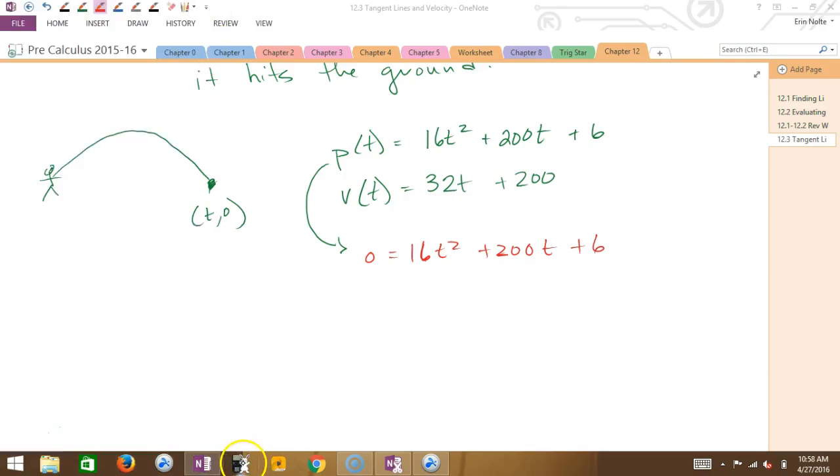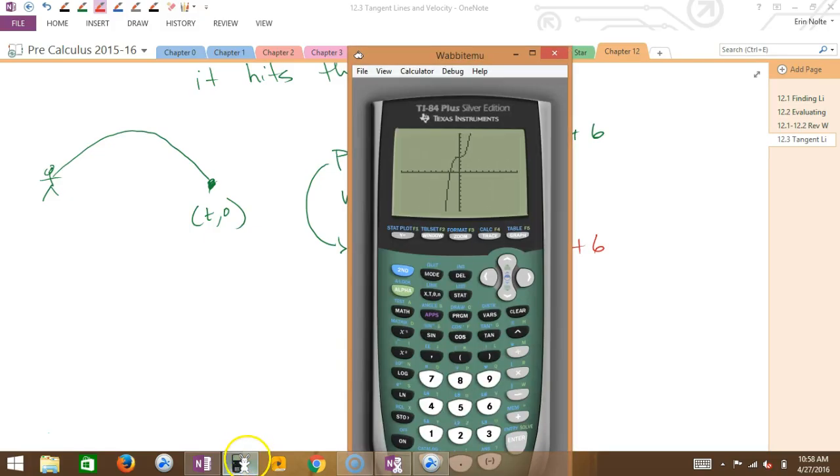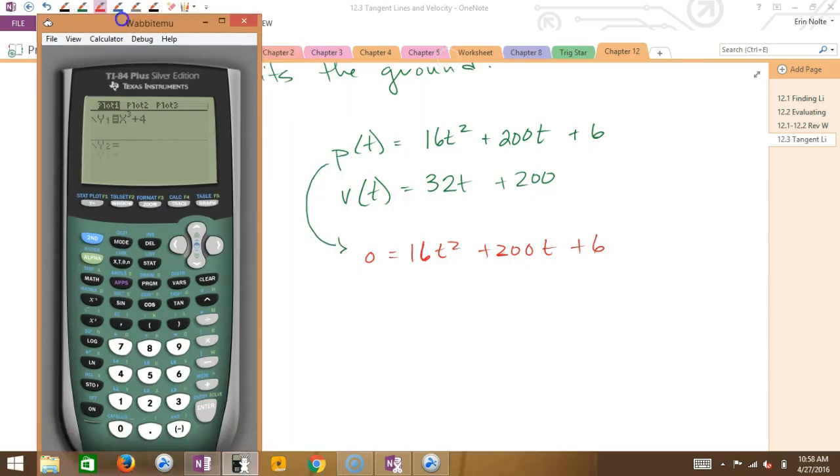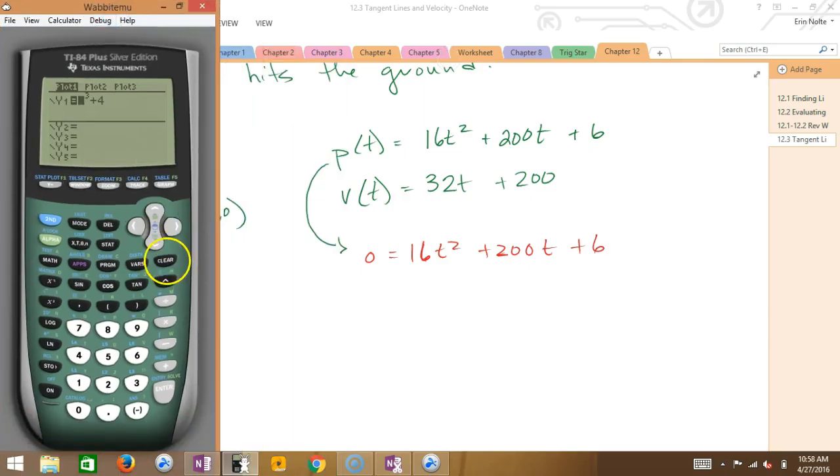Assuming we can turn the calculator on. There we go. So 16x squared plus 200x plus 6.